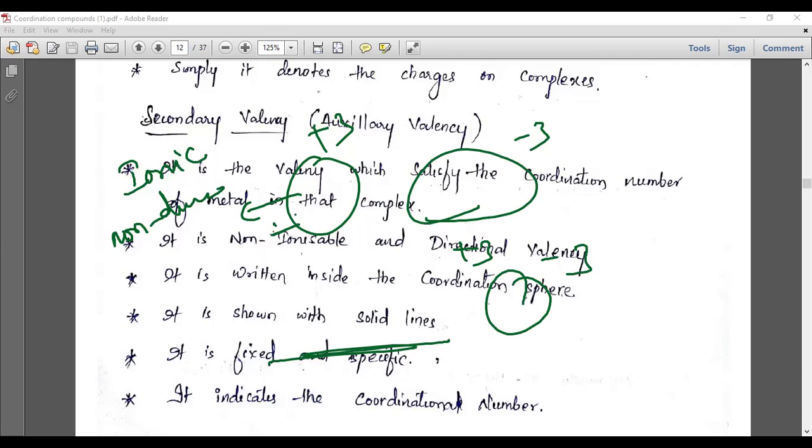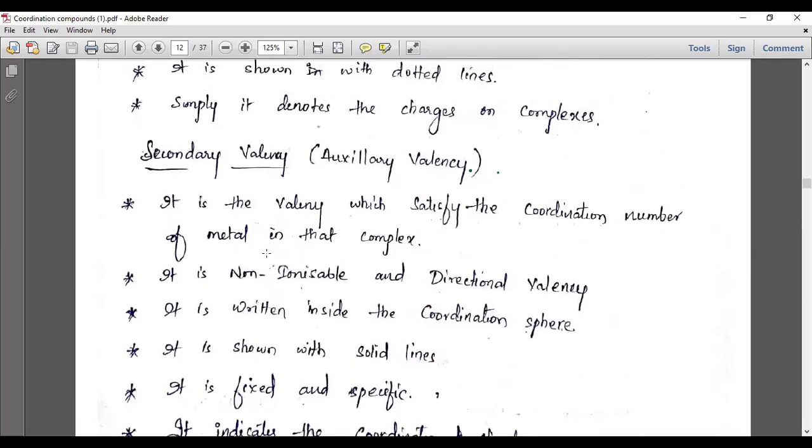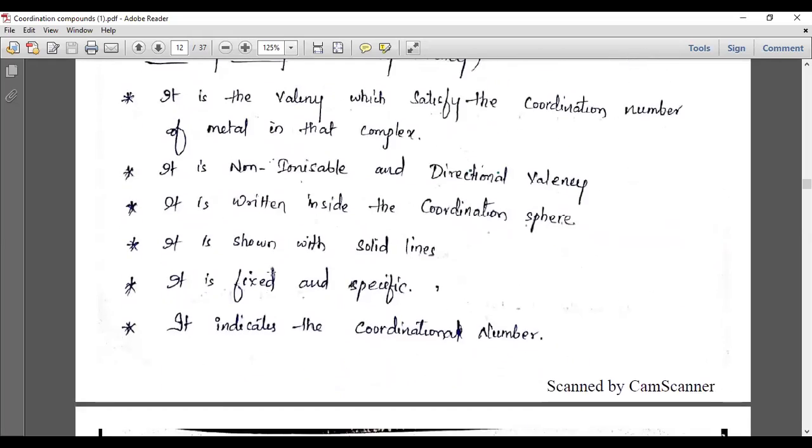And let us understand again how the primary valency and secondary valency work, and whether the primary valency will never change or may change. I will tell you that here. So let us understand those things again. We already saw what primary and secondary valency are.